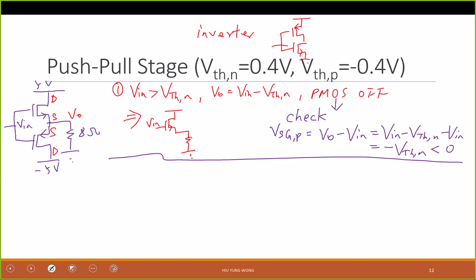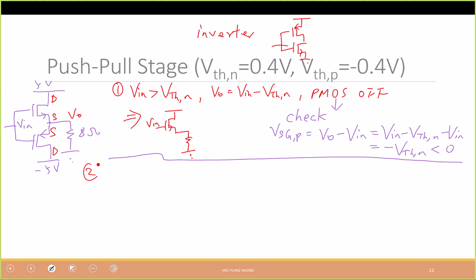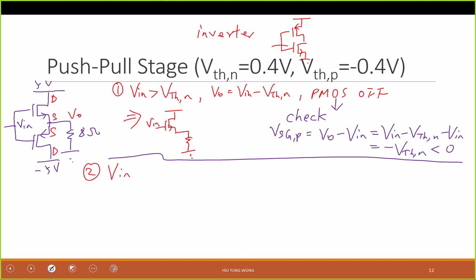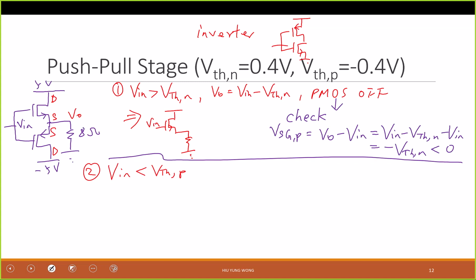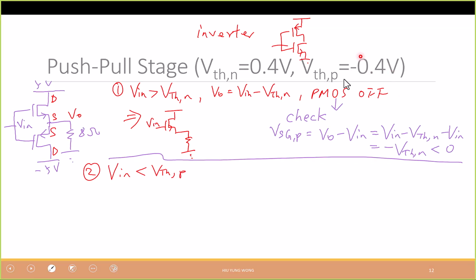Okay, then I keep lowering my V in until I reach VTHN. Then something happened. I don't want to talk about that. Then think about from the very negative. If V in is less than VTHP, remember, VTHP is negative. It's negative 0.4 volt.